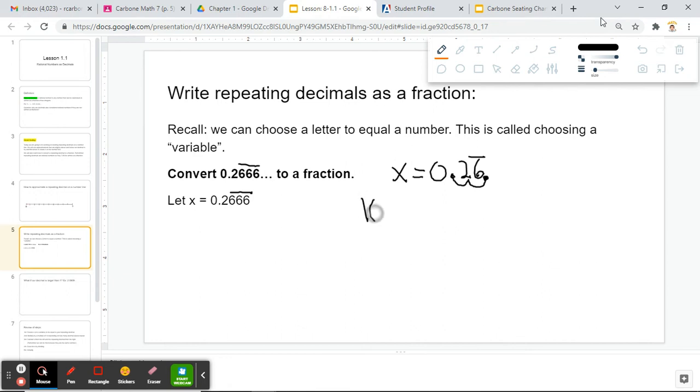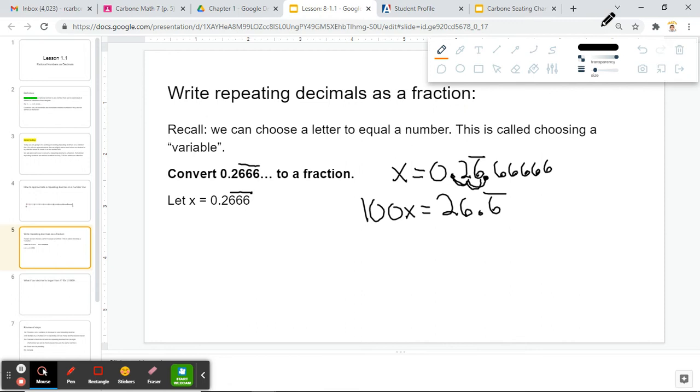So we're going to multiply the left side of the equation by 100, so we get 100x, and we're going to multiply the right side of the equation by 100. This would just move the decimal place over 2 spots, and we would get 26.6 repeating. Remember, this was all just filled up with sixes right here, right? So those sixes are still going to be here after we multiply by 100.